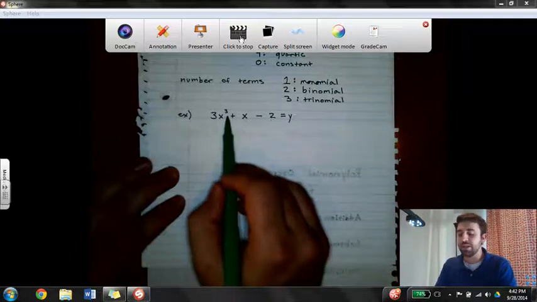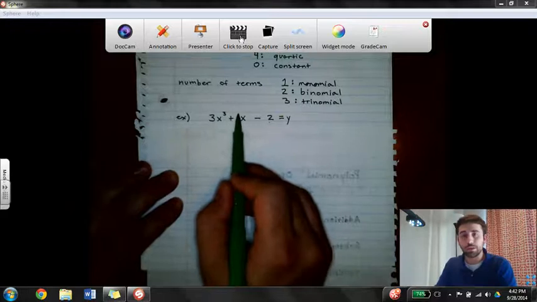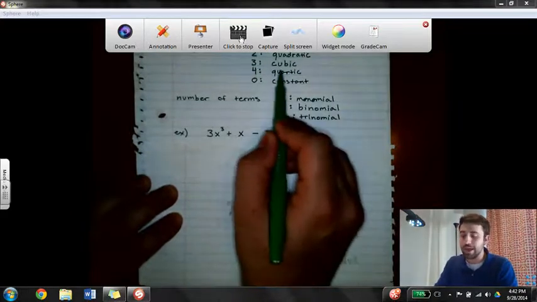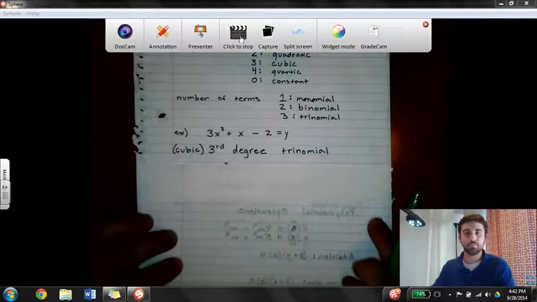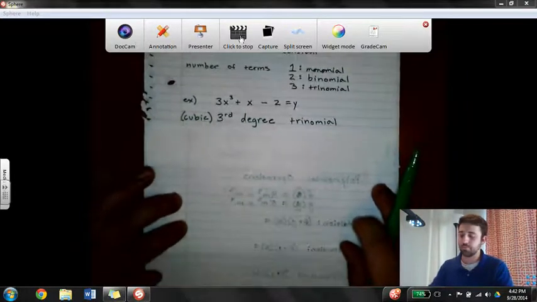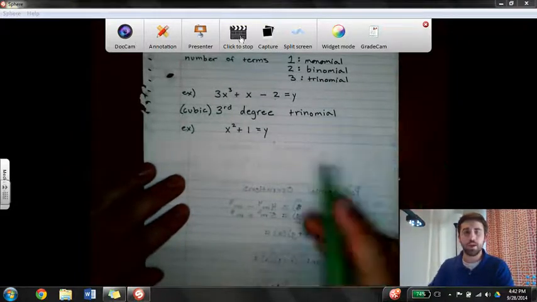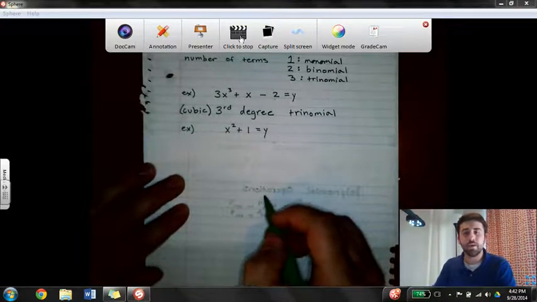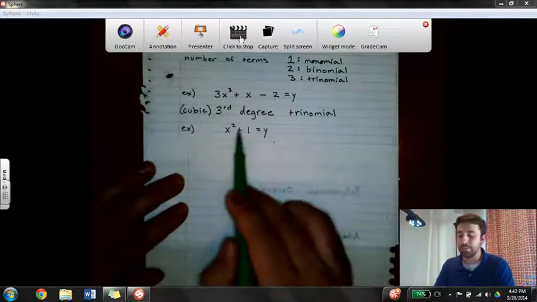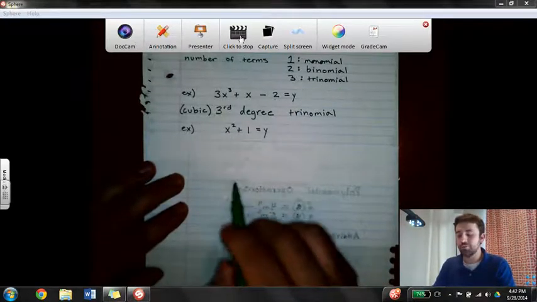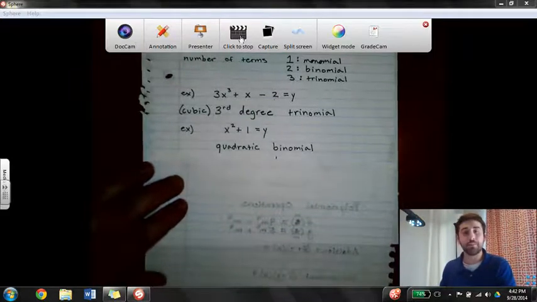So we can either label this as a third degree trinomial or a cubic trinomial. Our next example, x squared plus 1. It has 2 terms, making it a binomial with a degree of 2. So we would call it a quadratic binomial.